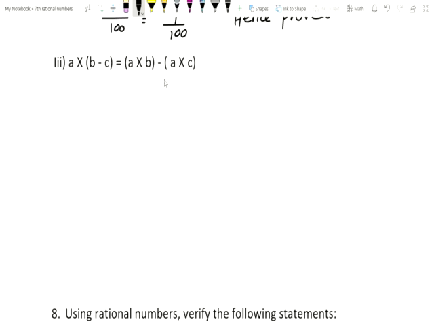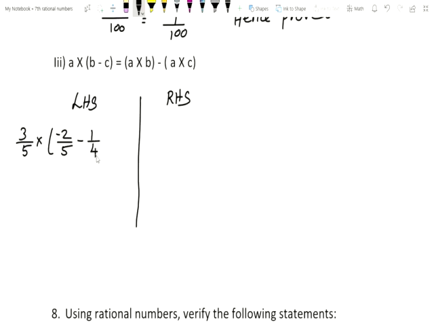So what is the value of A, children, here? First you write it, split this LHS. Here A value is 3 by 5 into B value minus 2 by 5 minus C value 1 by 4.